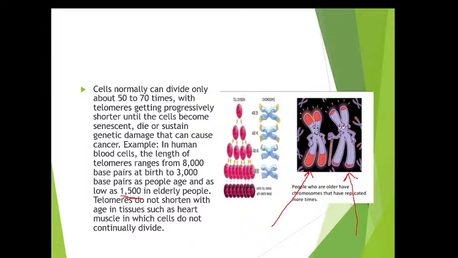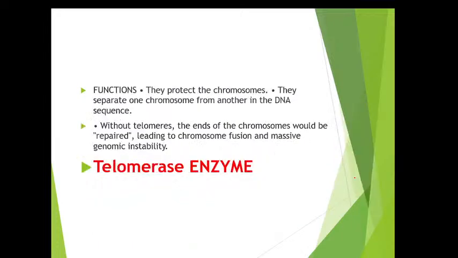This was first identified when cancerous cells were observed and the telomere was found to be very intact, and that is why they replicate very fast.